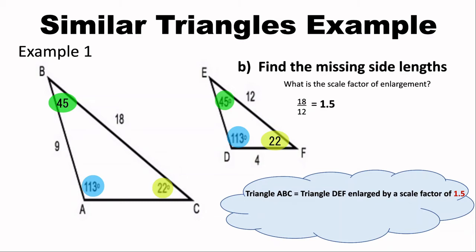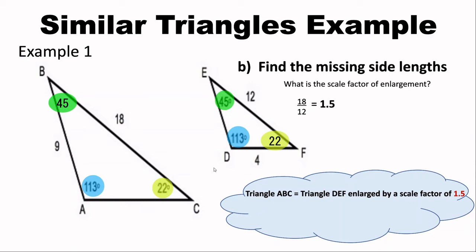That basically means that the side lengths of triangle ABC are 1.5 times the side lengths of triangle DEF. We know that that's the case for the two side lengths that we just compared. 12 times 1.5 gives me 18. So that must be the case for all of the corresponding side lengths.